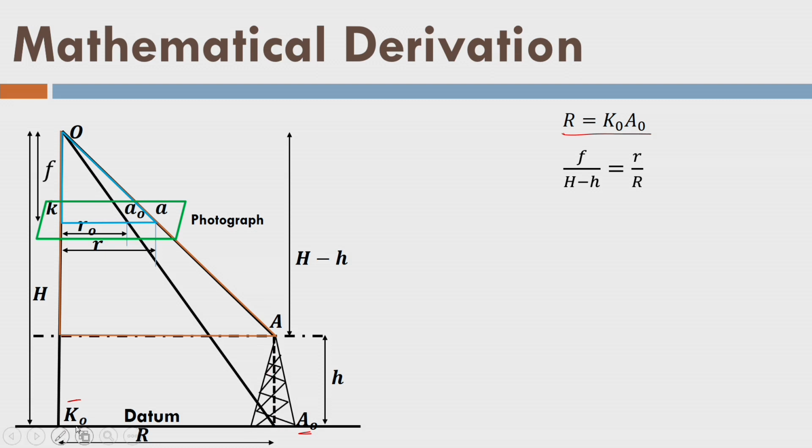So, K0 A0 is my radial distance R, as shown in the previous slide in a better way. Now, if I take these two triangles, the ratio of f to the flying height H minus h is equal to r by R. Here r is nothing but small k a divided by K0 A0, right, and you can see this relationship is very true.